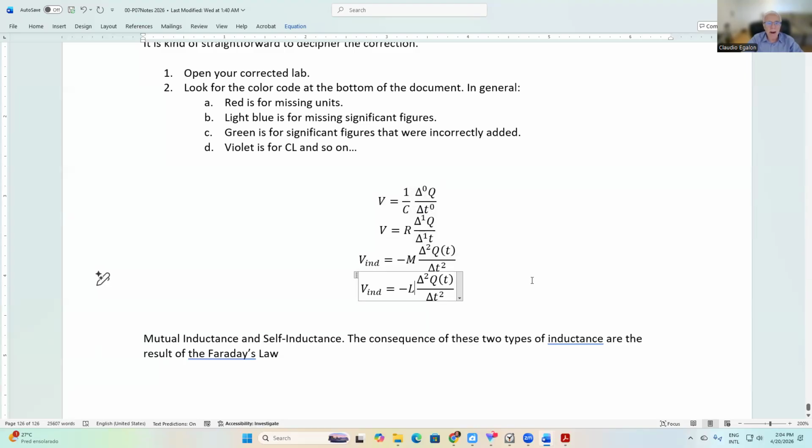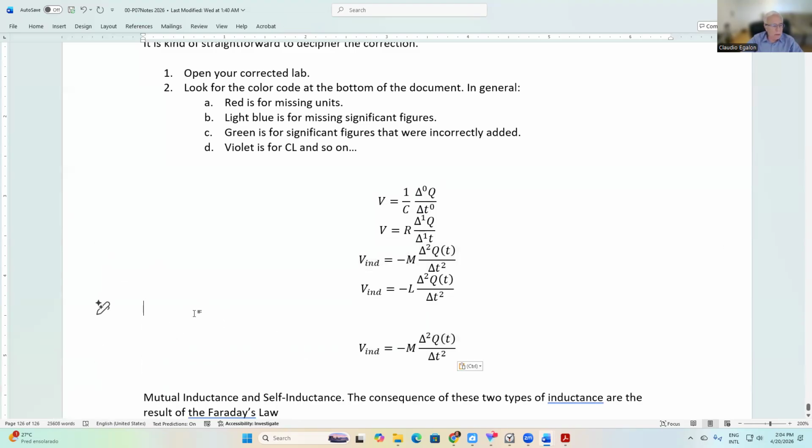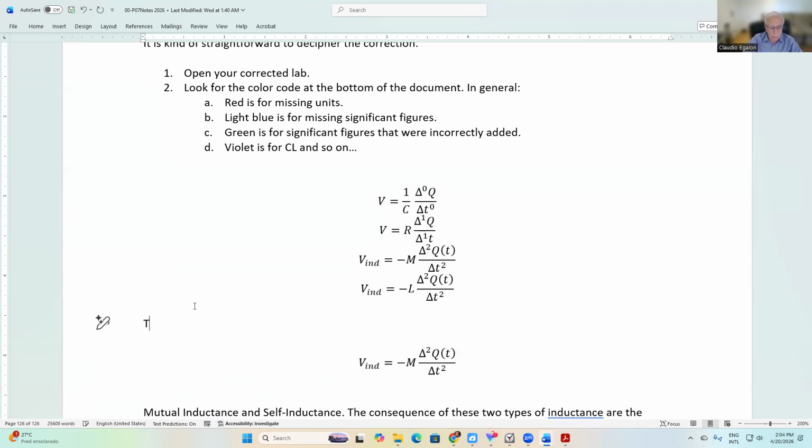Can you remember the M? What's the M? The M we derived before. And don't forget, what you see right here comes from Faraday's law. How is Faraday's law spelled out? The equation for inductance comes from Faraday's law.